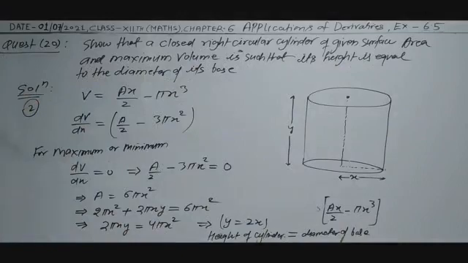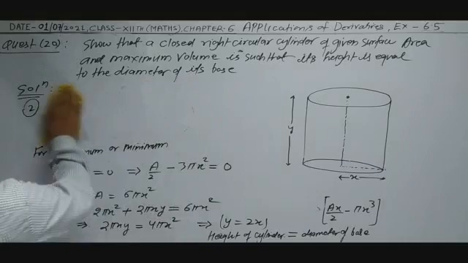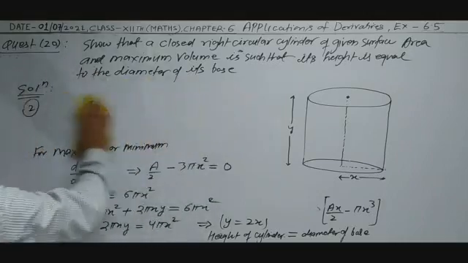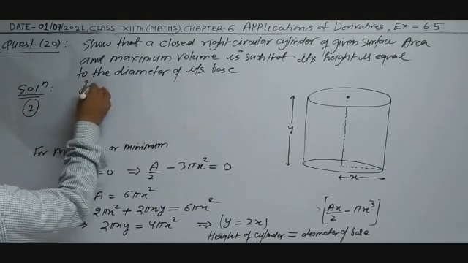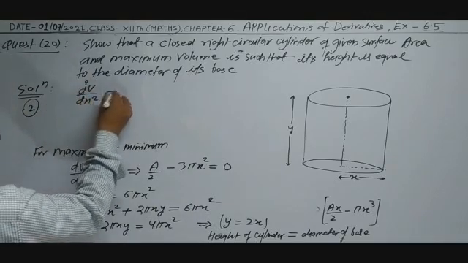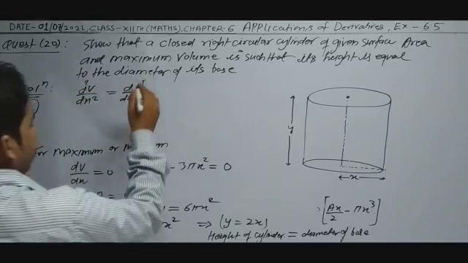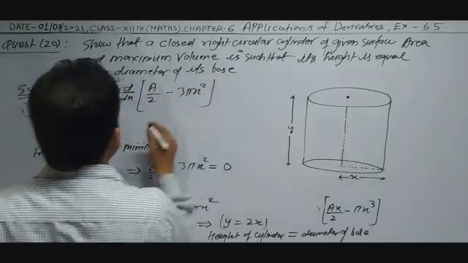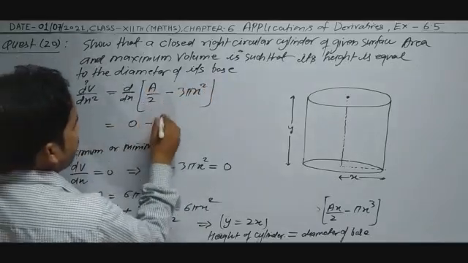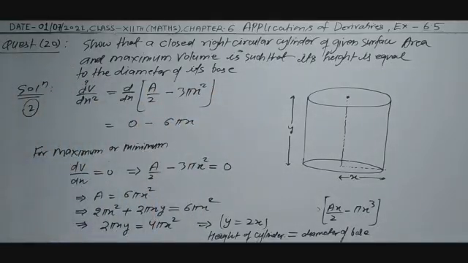Now we have to show that the volume is maximum. So again we have to solve d2V by dx2, which is d by dx of A by 2 minus 3 pi x square. When you solve, you get 6 pi x with a negative sign. So d2V by dx2 is negative.